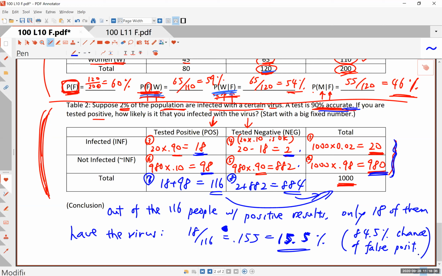While many of those were false positives, they actually didn't have the virus, but the test said they did. And so to know something like this is really, really important in my mind. Okay, so practice this kind of problem in your homework and on your worksheet, and hopefully you will get to learn this important concept of false positives.